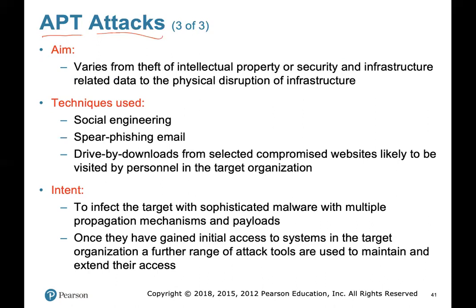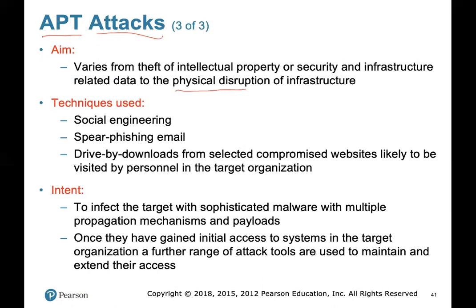They may even have some physical consequences. For example, if some attackers implement an APT on some power grid components or some fuel distribution systems, there might be some physical disruption as a consequence of that attack.